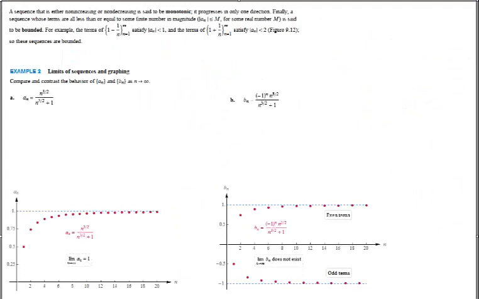Alright, let's look at this next example. We have a sequence of numbers, and if I were to look at the limit of this sequence as n approaches infinity, I see that this one is evenly balanced and this one is going to be approaching the value of 1. Note that is what it does.